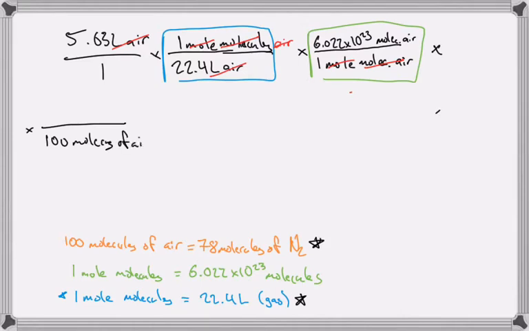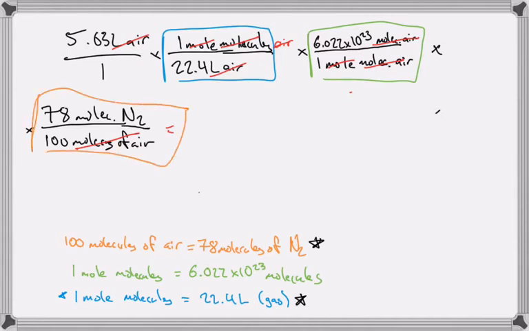So if we have 78 molecules of nitrogen, that is, in regular air, within a total of 100 molecules of air. And if we look at conversion, molecules of air converts to molecules of nitrogen. And that was, just to be clear, our orange conversion factor.